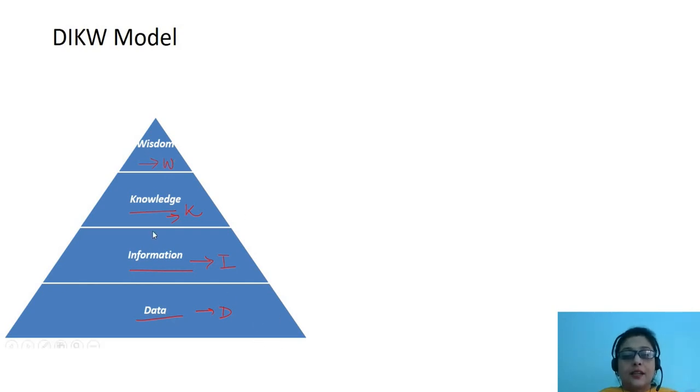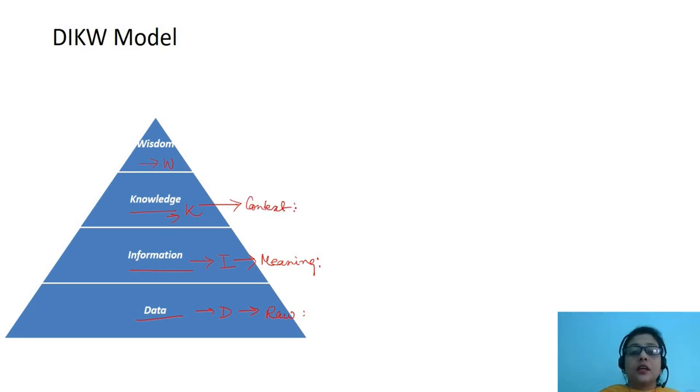Now let us understand. Data basically gives the raw facts and figures. Information is the processed data which gives us meaning. Next, knowledge. Knowledge is basically the thinking ability or the cognitive ability of our system, where from the meaning of information, we think how we are going to use it to achieve our goal.